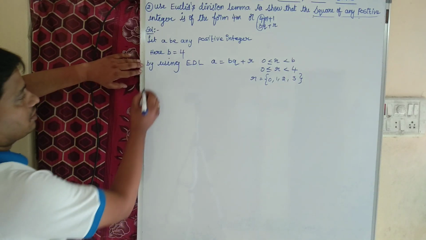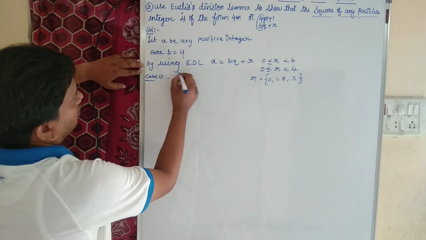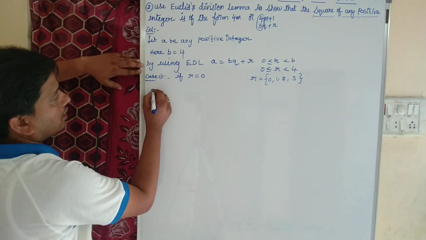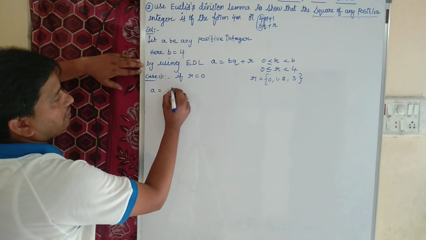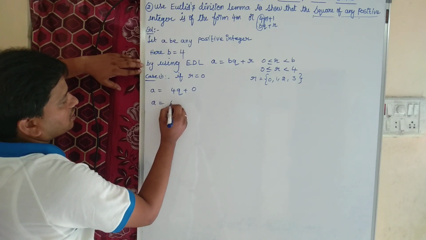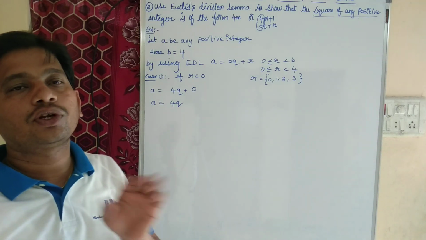So first condition, case 1, if r equal to 0, what is Euclid division lemma? A equal to bq plus r, b value 4q plus r value 0. So 4q plus 0, that implies 4q, children.